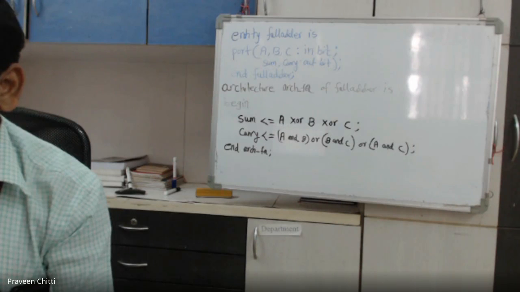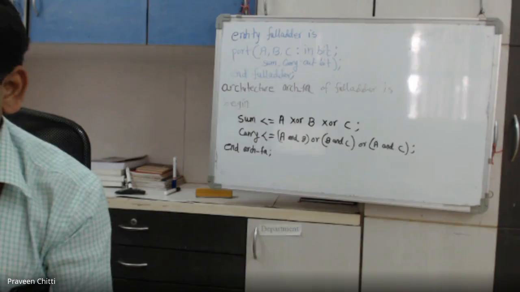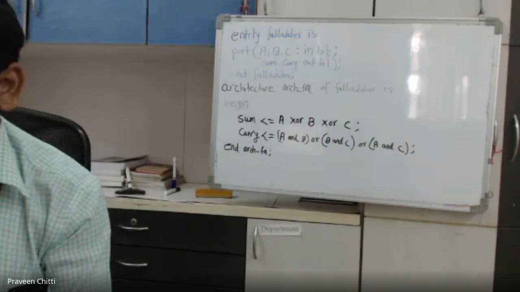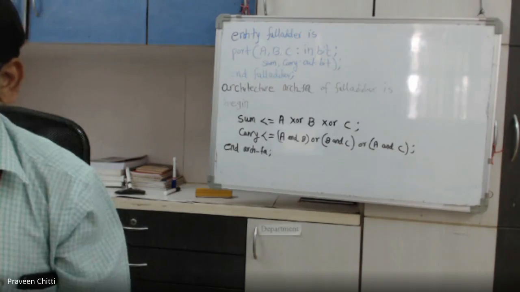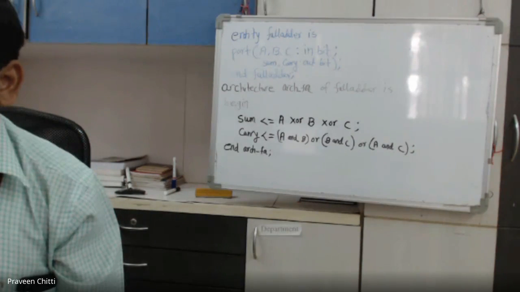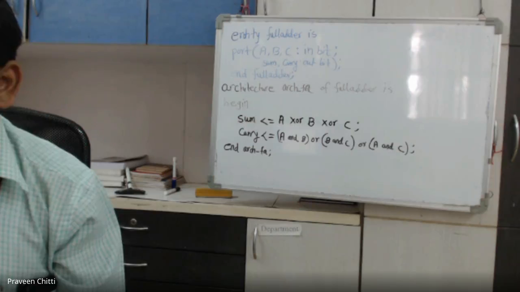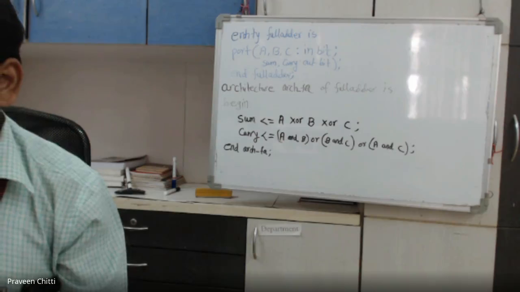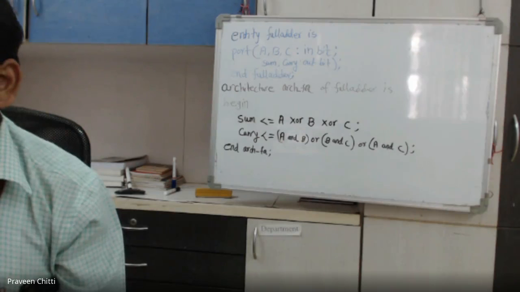I want you people to write a program for 4:1 mux. Do it fast. What is 4:1 mux? You should know that first, and then for that, you can easily write the program.